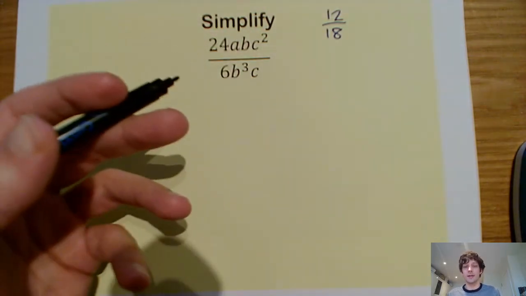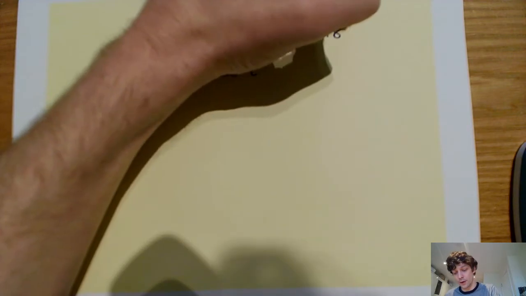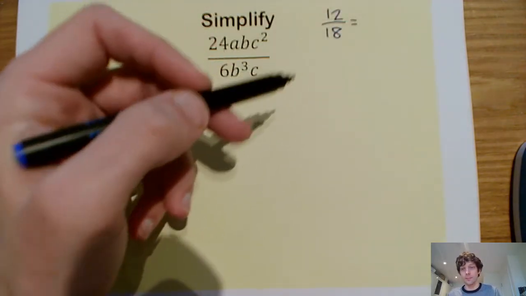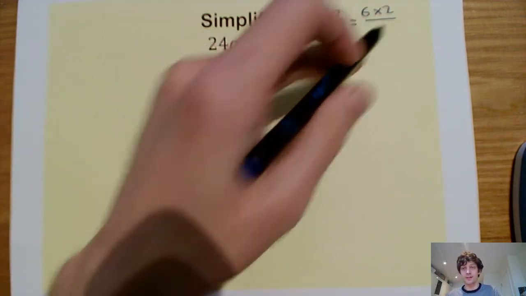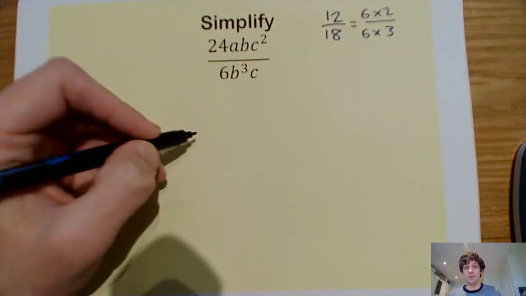I want you to think about the middle step: pulling out a common factor from the numerator and denominator, that common factor here being 6. So we could write 12 as 6 times 2 and 18 as 6 times 3.